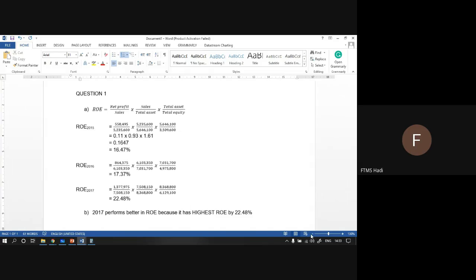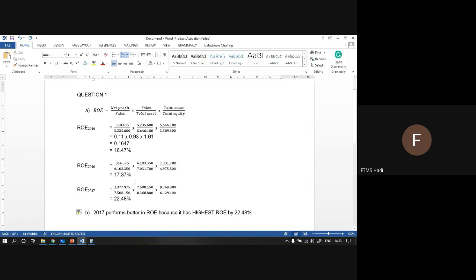ROE means profit returned to the equity, so the higher the profit towards the equity, the better it will be. So as a conclusion, 2017 is the highest one. Okay, done with this one.